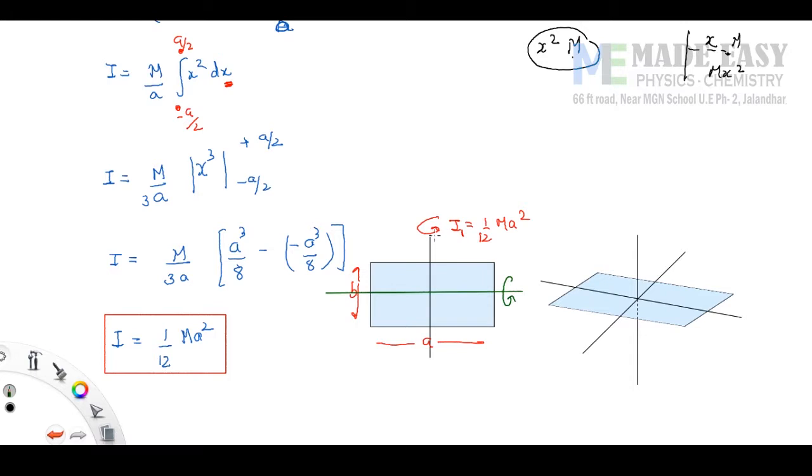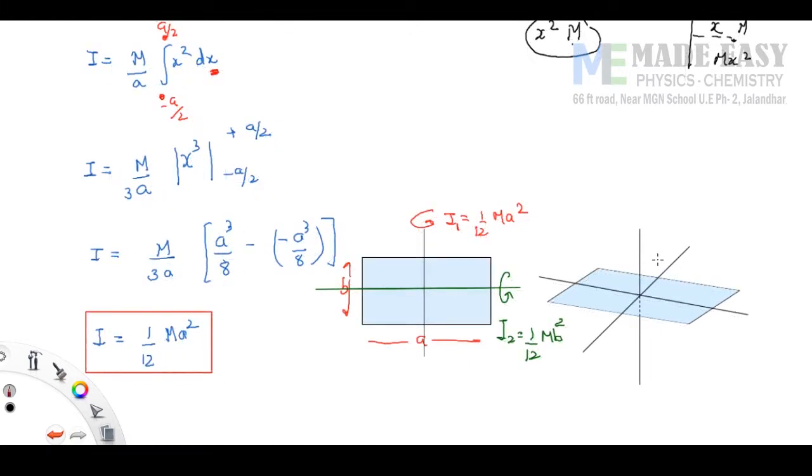If about this axis the moment of inertia is 1 by 12 ma square, then about this axis, by using the same steps, I will get the moment of inertia 1 by 12 mb square. Please try to visualize this result. So coming to the final figure, if this length is a, then the moment of inertia about this axis is 1 by 12 ma square. If this length is b, then the moment of inertia about this axis is 1 by 12 mb square.